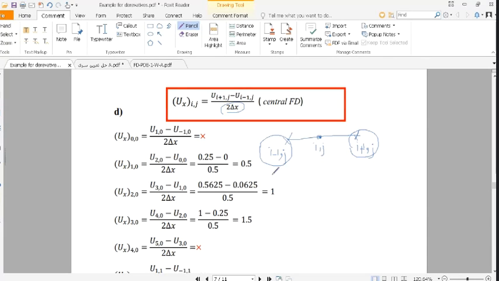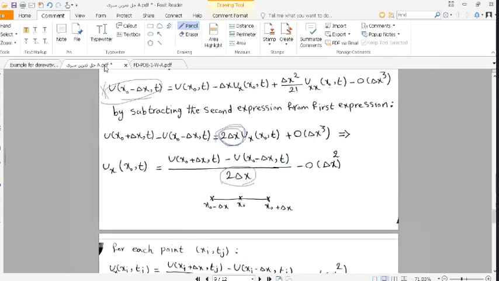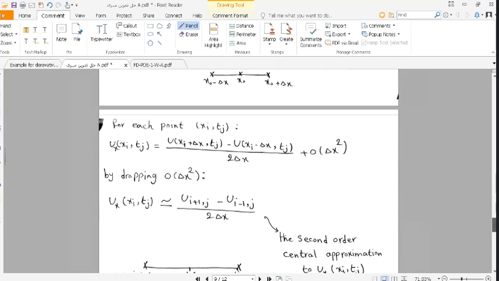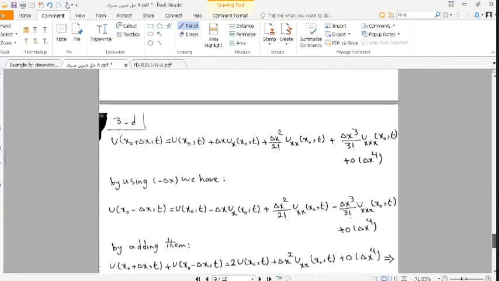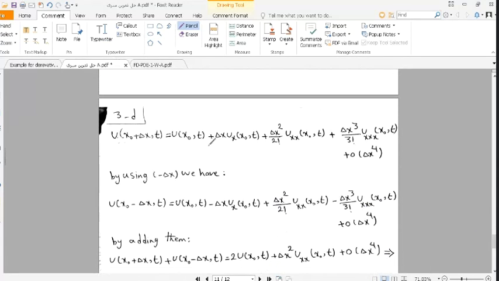At this session, we are trying to obtain the formula for the second derivative of u with respect to x.